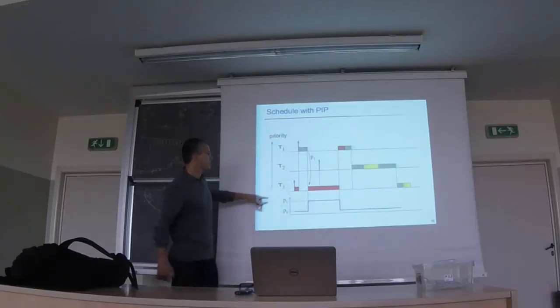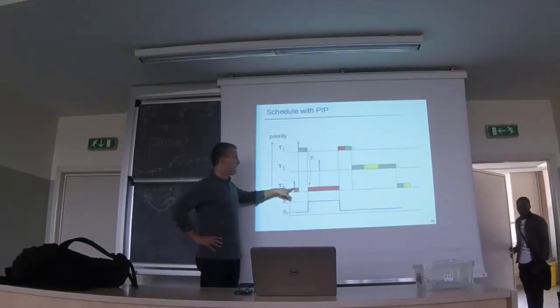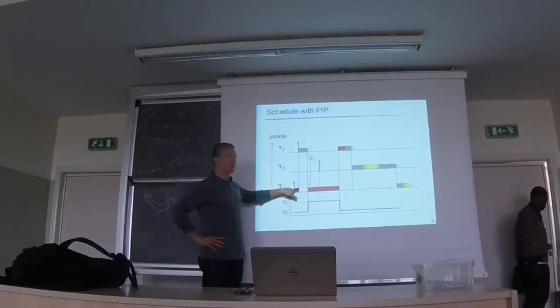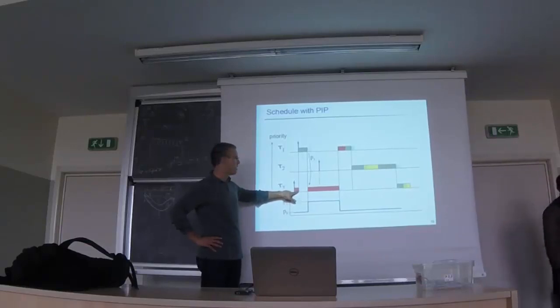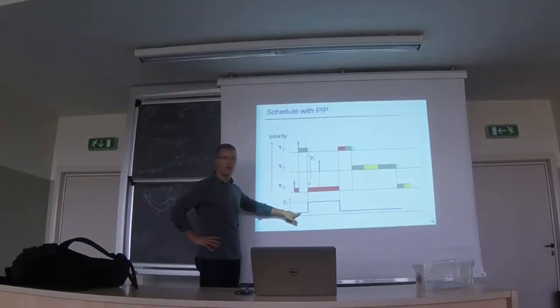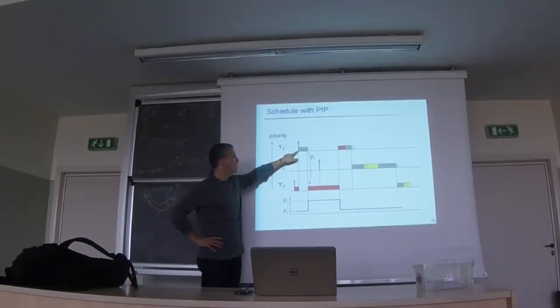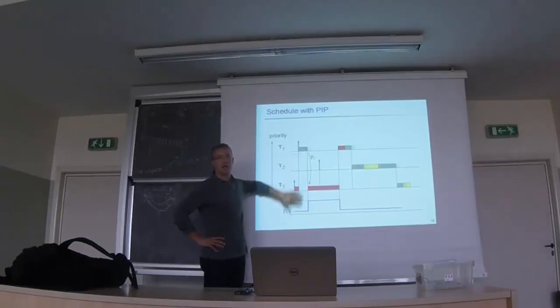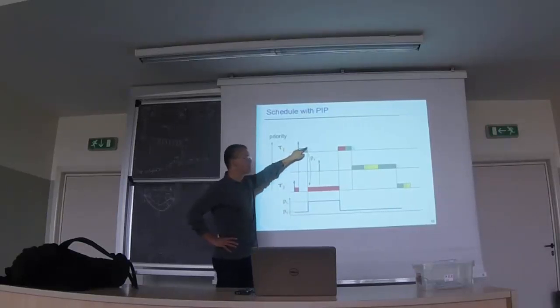As I said, I start, this is my shared resource, locked. My priority is still low. I'm not blocking anyone, so if a high priority task arrives, its priority is higher than mine and it is able to preempt.